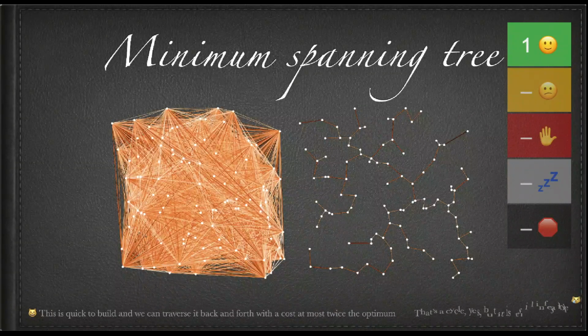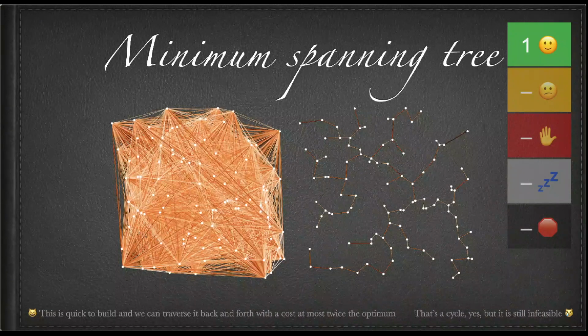First of all, we now have a bound on how expensive the tour is going to be, because the tour that we will use will never be more expensive than going back and forth along this minimum spanning tree. This minimum spanning tree has all the cheapest edges. So if I sum all those cheapest edges, I get the cost of the minimum spanning tree.